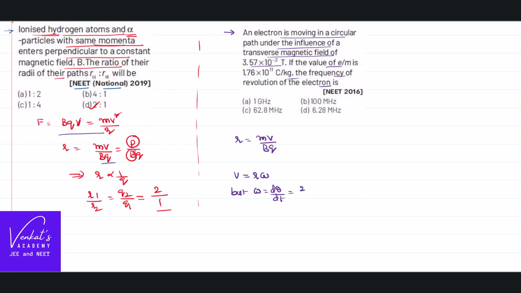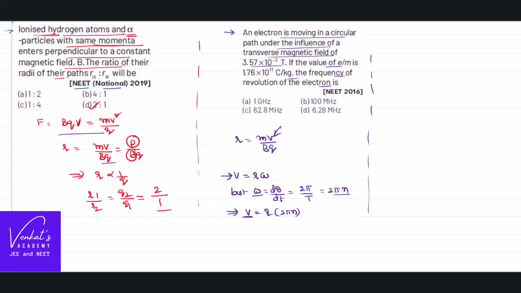When one rotation is completed, angle covered is 2 pi, time taken is called time period, so 2 pi by T. Again 1 by time period is called frequency, so omega can be written as 2 pi n. Put that omega in this equation, that implies v equals r into 2 pi n. This is the velocity of the particle, substitute this in this place. So, you will get the frequency that you need.